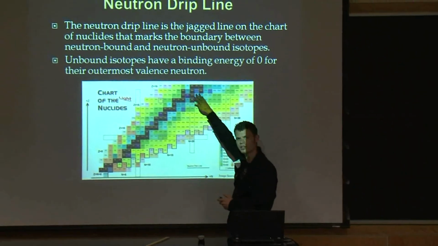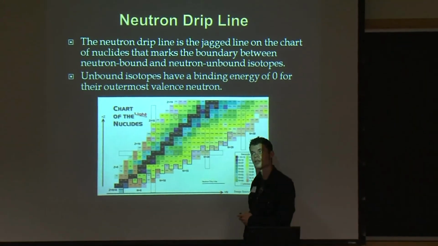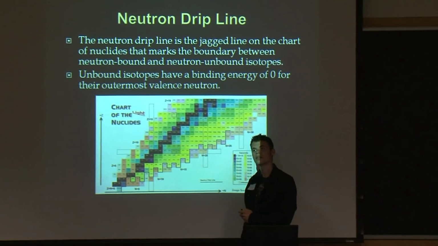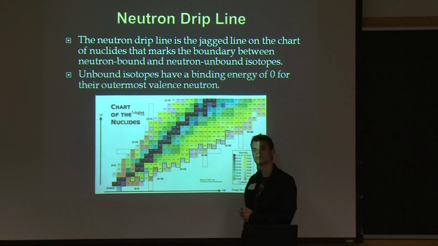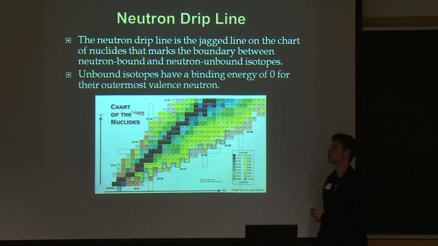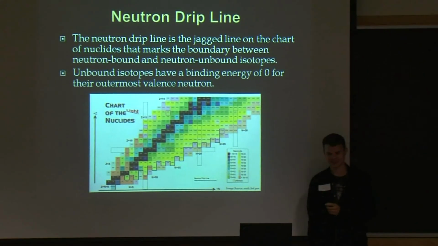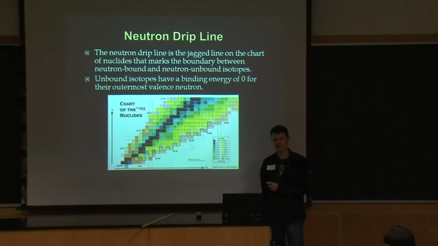Do they meet at the top? Could they meet, or do they ever encase a nucleus in the middle of stability that's unstable? I don't know what's happening up at the very top of the chart, but I think no. Okay. All right. Thank you.